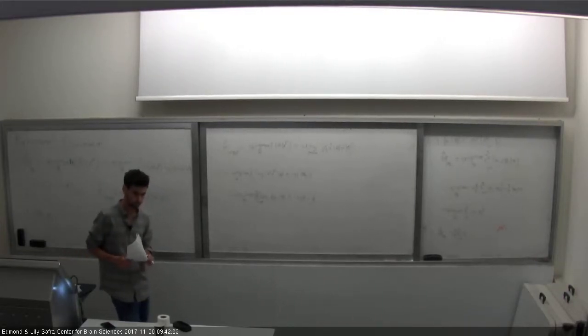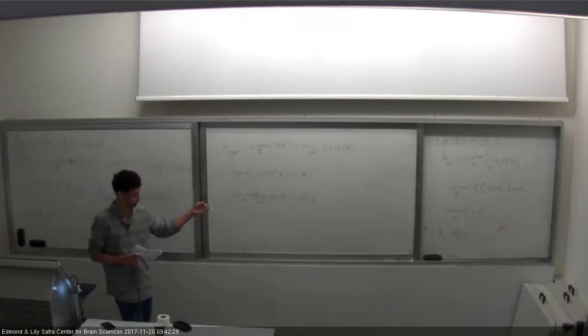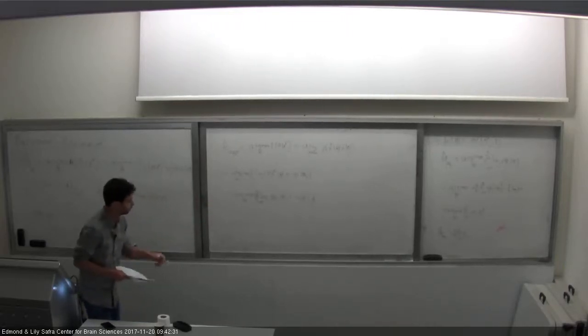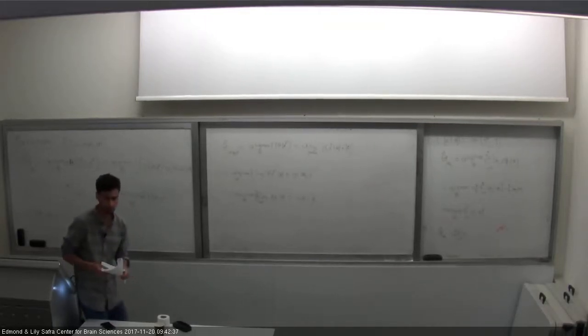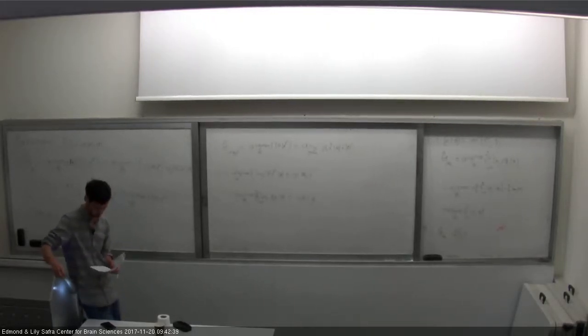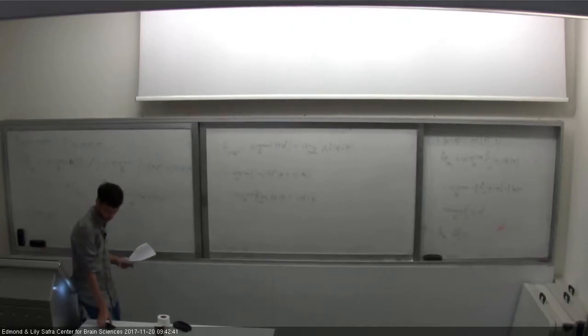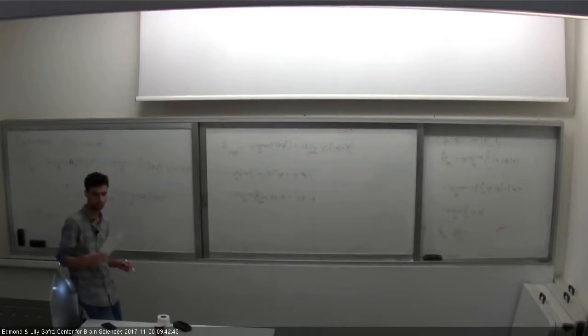Also, if we have a uniform prior over theta, the maximum posterior and the maximum likelihood are equal. Time? Yeah, we'll do it after the break. Okay, so break, and if you have any questions, come.